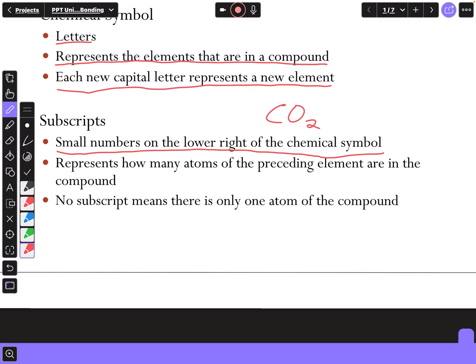In this case, carbon doesn't have a subscript, so no subscript means there's only one atom. It means there's only one carbon. It's just understood. We don't have to write the one. And then there would be two oxygens, and that compound is carbon dioxide.